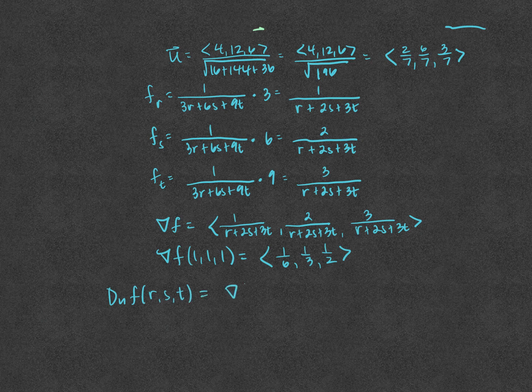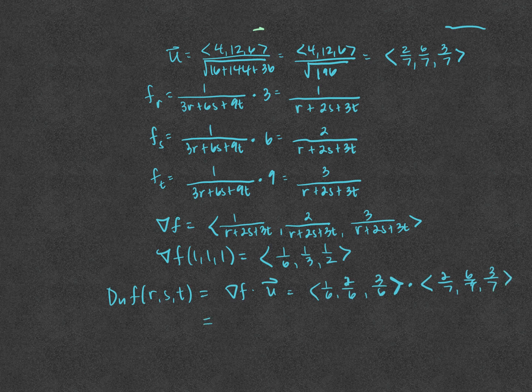Is equal to the gradient of f times the unit vector. So we're going to say this is 1/6, 1/3, 1/2. Let's go ahead and put those with common denominators. So 1/6, and this would be 2 over 6, and this would be 3 over 6. And our dot product with 2 over 7, 6 over 7, 3 over 7. Those will work out very nicely at this point.